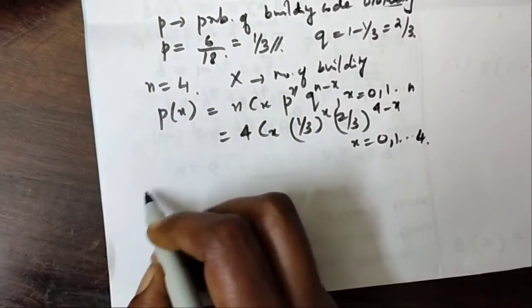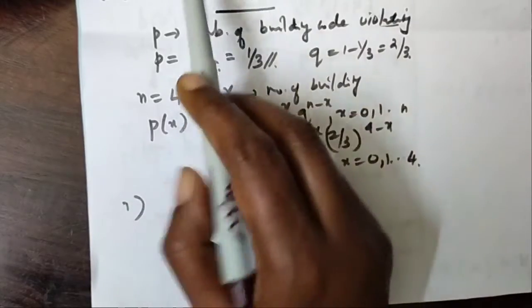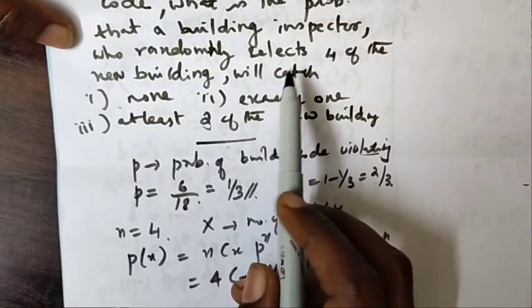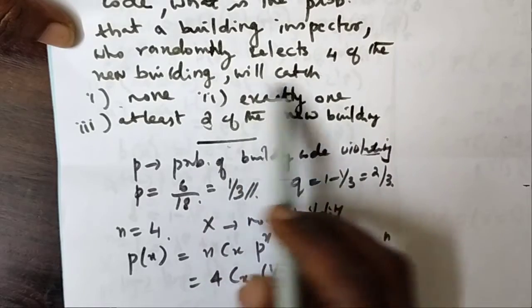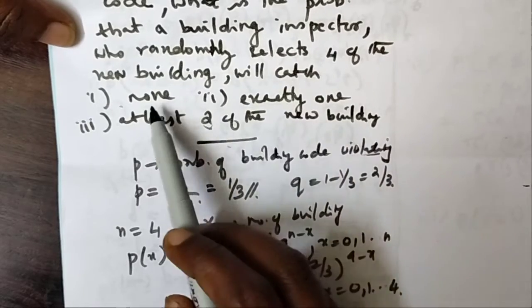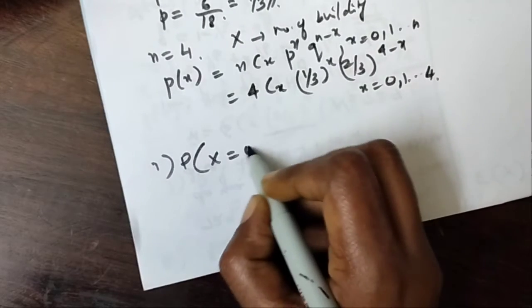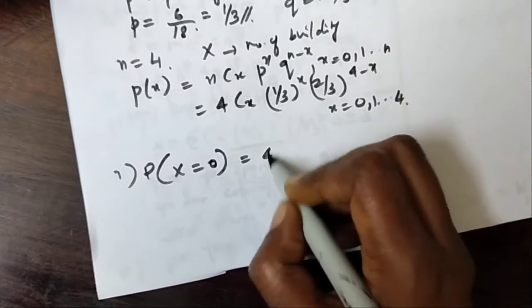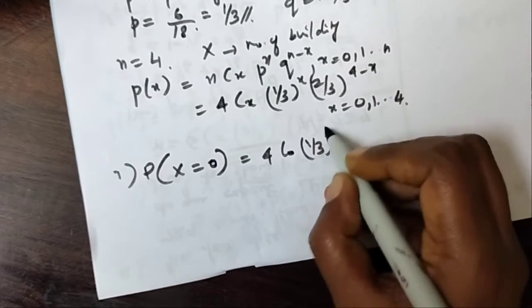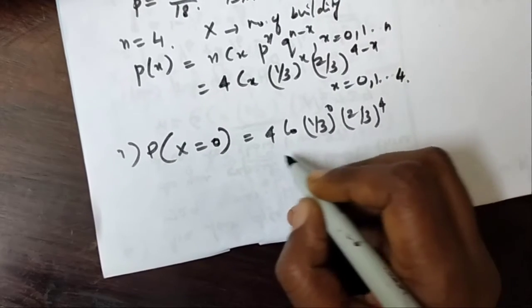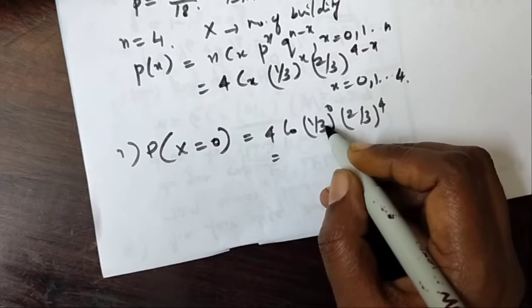Okay. Then, what is the first question? What is the probability that he will catch none? So, P of x is equal to 0. That is 4C0, 1 by 3 raised to 0, 2 by 3 raised to 4. Okay, so 4C0 is 1, this is also 1.